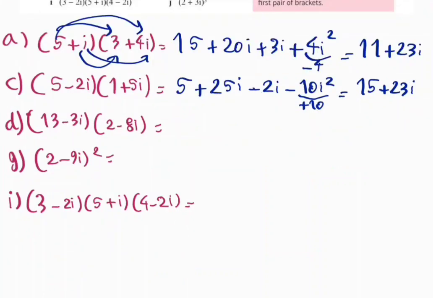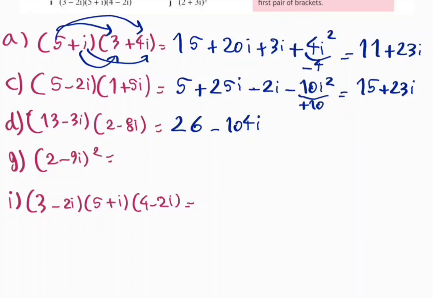D. 13 minus 3i times 2 minus 8i. 13 times 2 is 26. 13 times minus 8 is minus 104, so it has an imaginary unit, which is minus 104i.